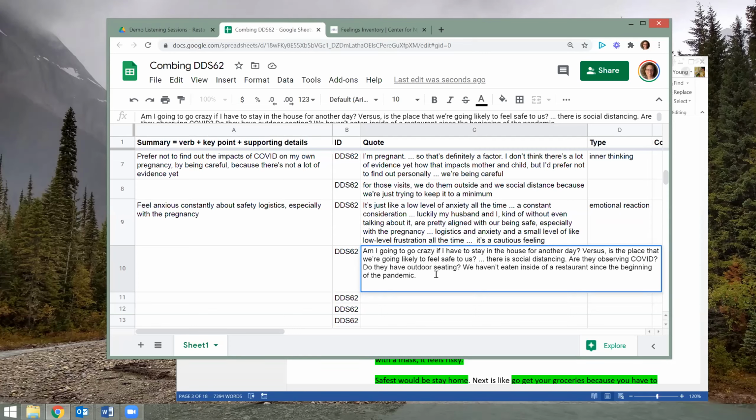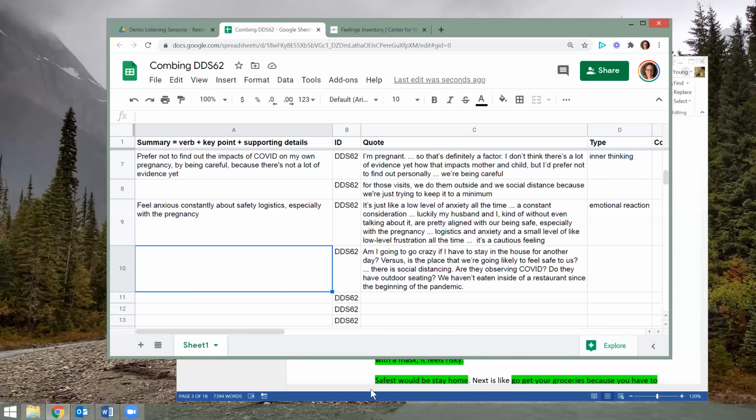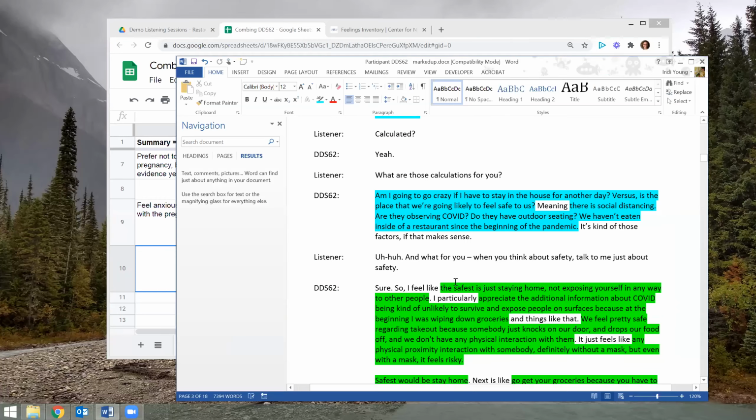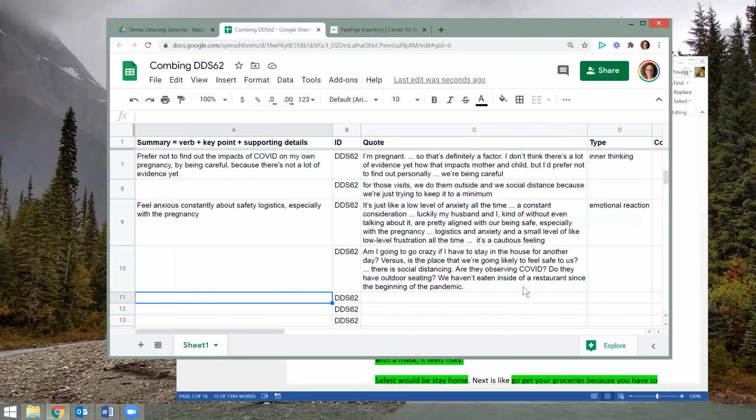Okay, wait a minute. What verbs? Can we do a verb that works for all of this? Is there any more that I can grab from over here? Safest thing is just staying home and not exposing myself. Does that fit with here?